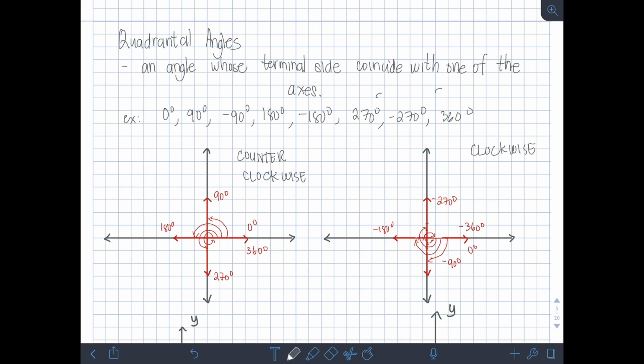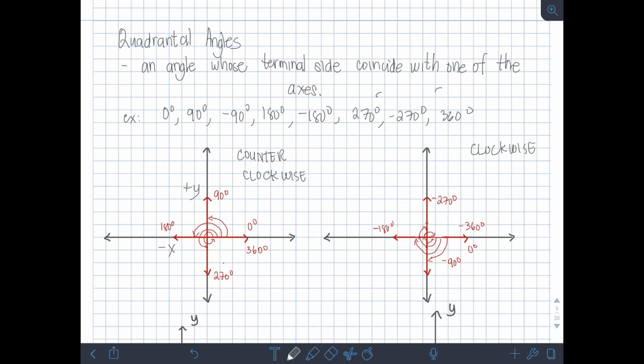So, for example, itong 90 degree, yung terminal position natin ay nasa positive y-axis. Same as itong 180 degree, yung terminal position natin ay nasa negative x-axis. Itong 270 degree, ang terminal position natin ay nasa negative y-axis. At kung 0 o 360 degree, yung terminal position natin ay nasa positive x-axis.